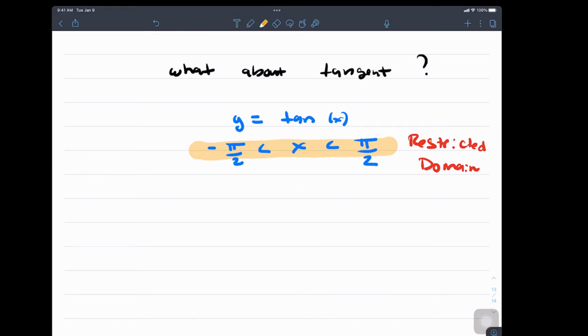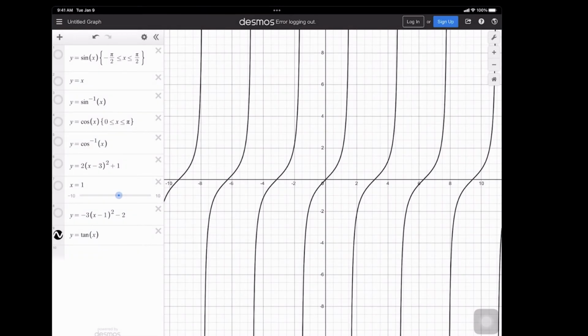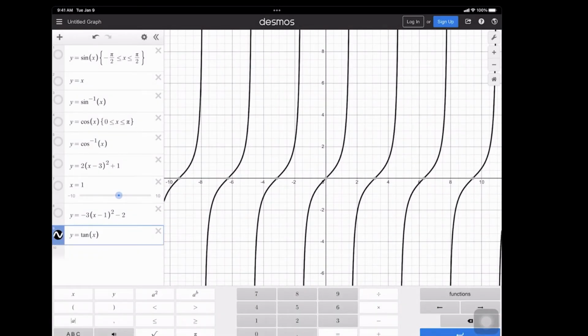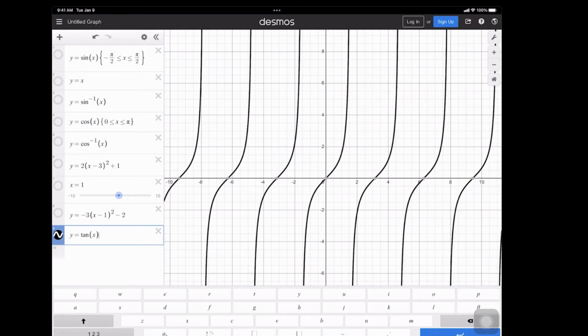Now, what's the range, though? You guys know what the range is when you look at this? Because I'm going to restrict this domain here. Let me do that here. Where do we go? No, not functions. We go over here.